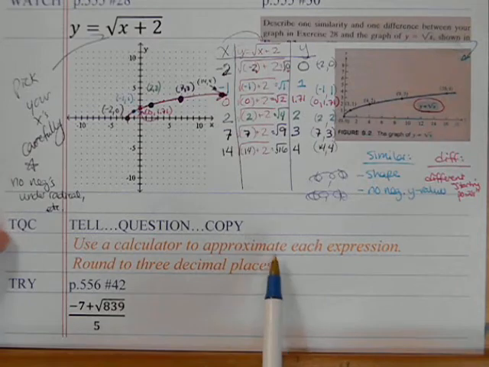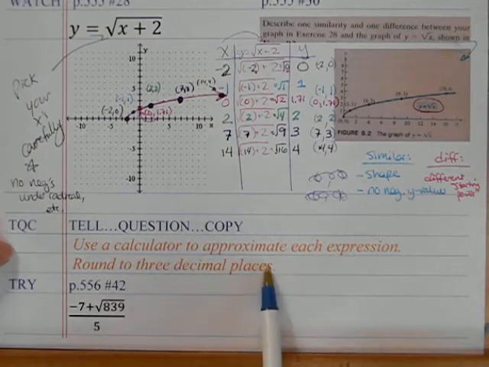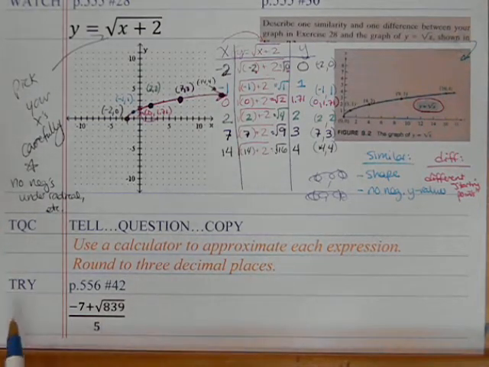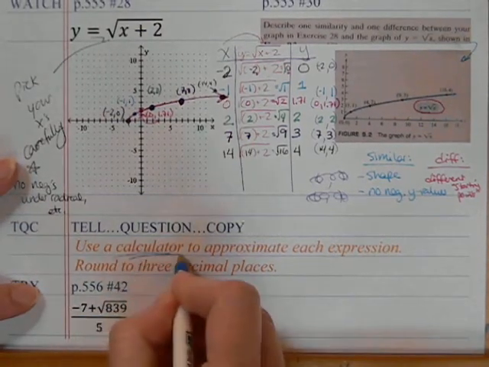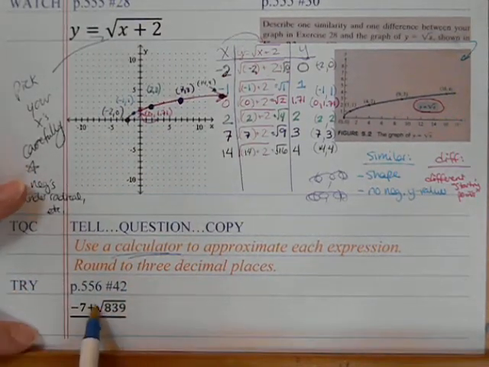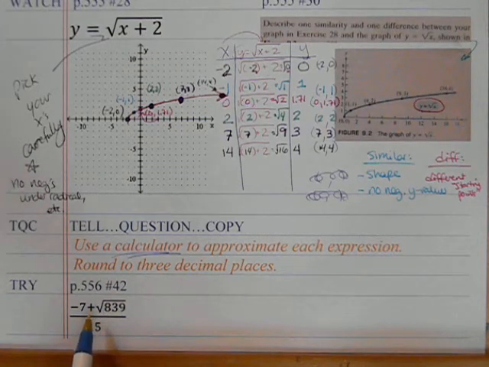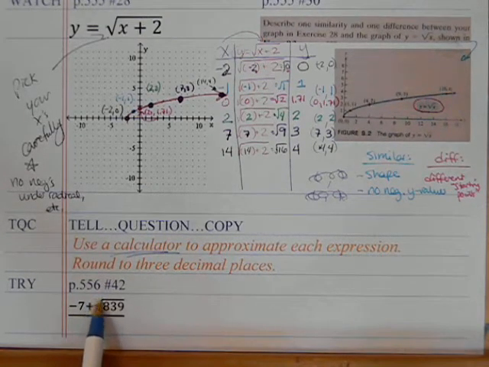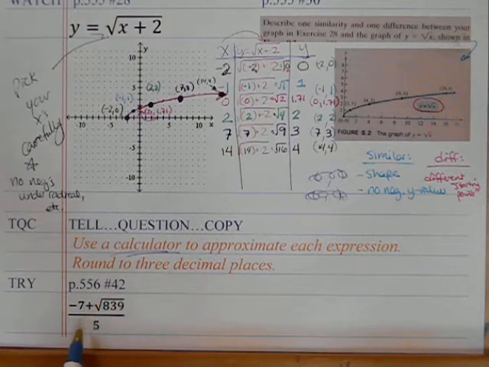Use a calculator to approximate each expression, round to 3 decimal places. So you will get your calculator on the test. I want you to know how to use your calculator when you're dealing with radicals. So you'll need to find the radical sign. Some calculators have more than one radical sign. Choose the one that doesn't have the index, doesn't have a letter here, an x or a y in the index.